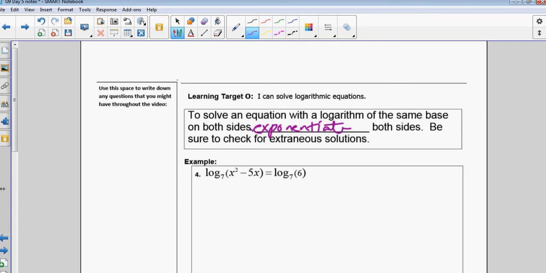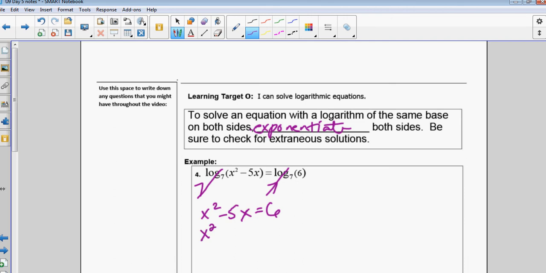Those will pop up a lot when we have a logarithm on both sides. So if we raise 7 to the left side and we raise 7 to the right side, then these will cancel out, and we're left with a simple quadratic equation, x squared minus 5x equals 6, and it's good to see if it's going to factor.